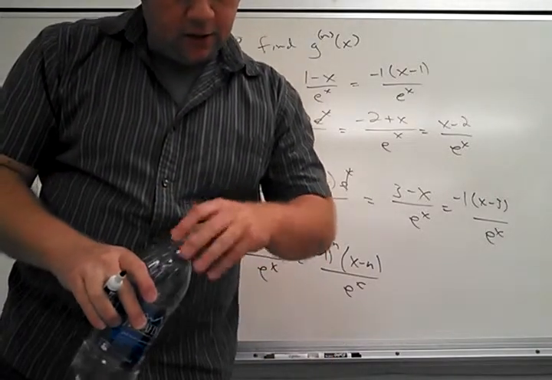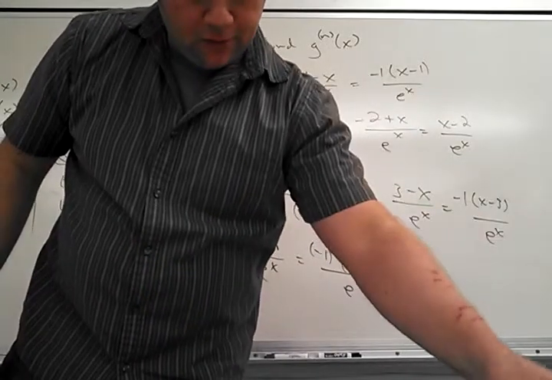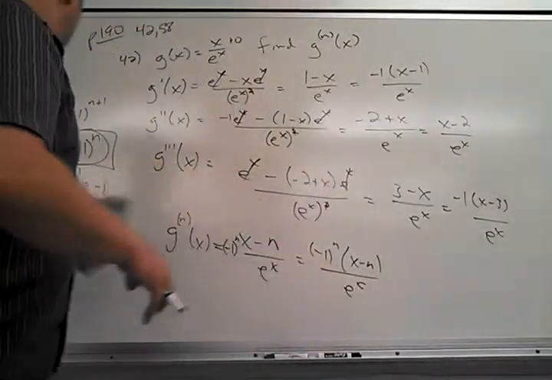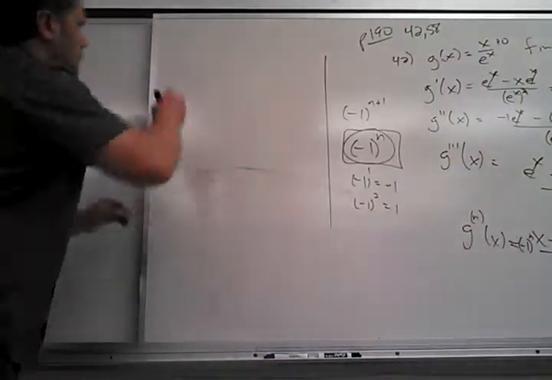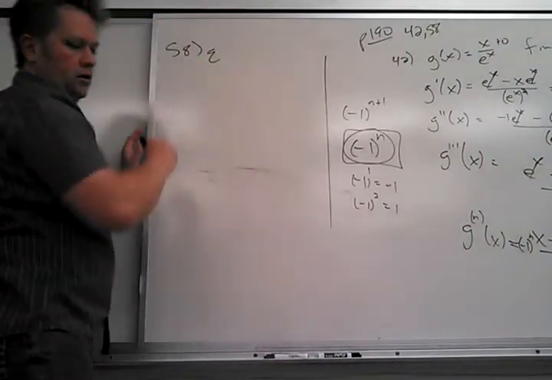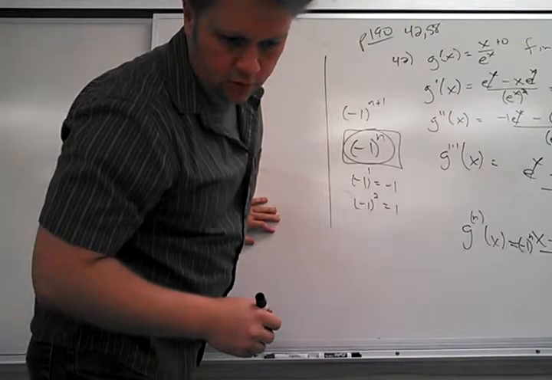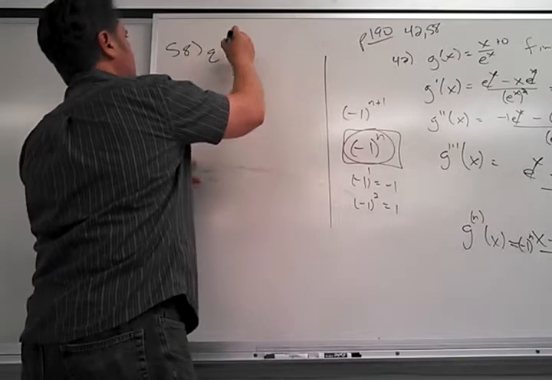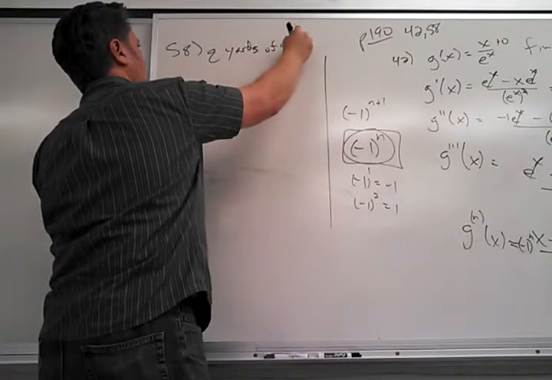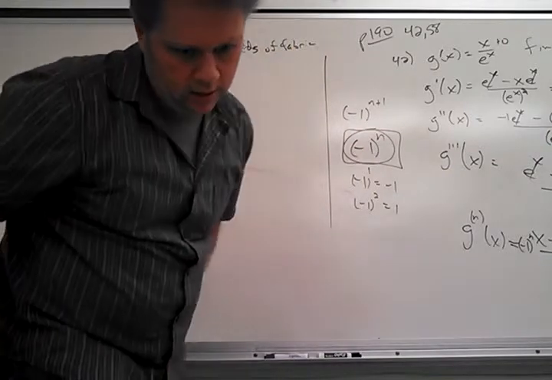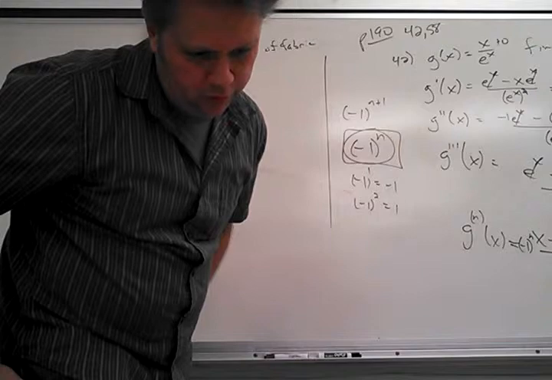Let's see. A manufacturer produces bolts of fabric. 58 says I've got Q yards of fabric sold.